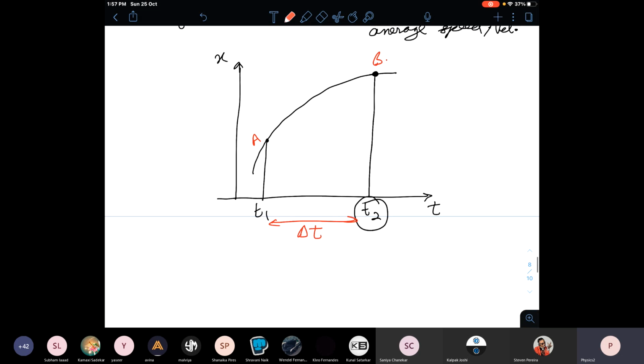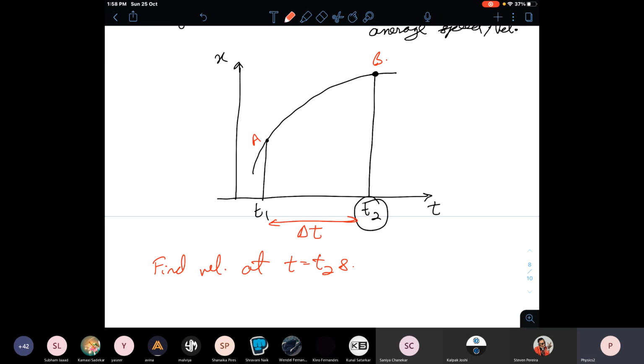If someone says find velocity at t equal to t2 seconds, that means they want instantaneous velocity. Why am I saying instantaneous? Because it is only for 1 instant, not even 1 second. It is so small that you cannot measure it, है ना?